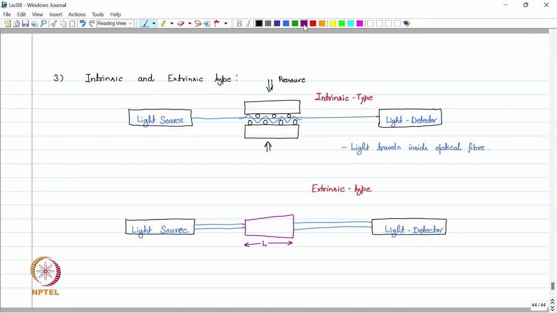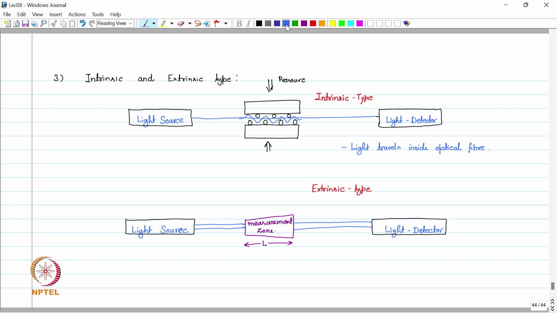So we have here this measurement zone, which is actually inserted in between these two fibers.